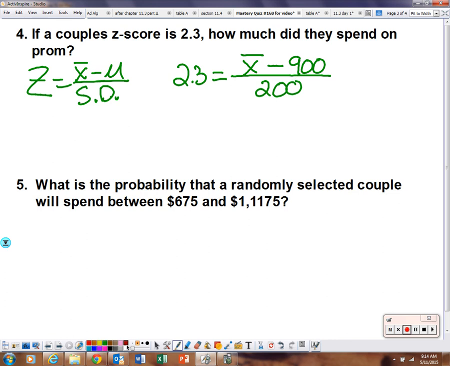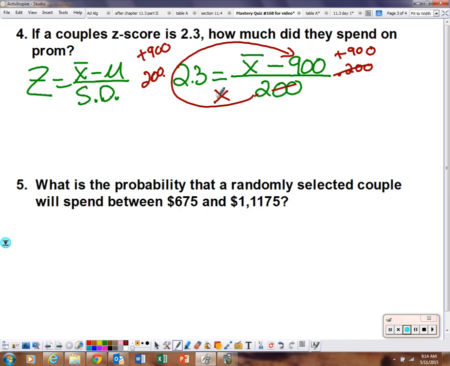All right. Now you have to do a little bit of algebra here. The first thing you're going to do is multiply by 200, and then you're going to add 900. So again, you're going to multiply, and then you're going to add.